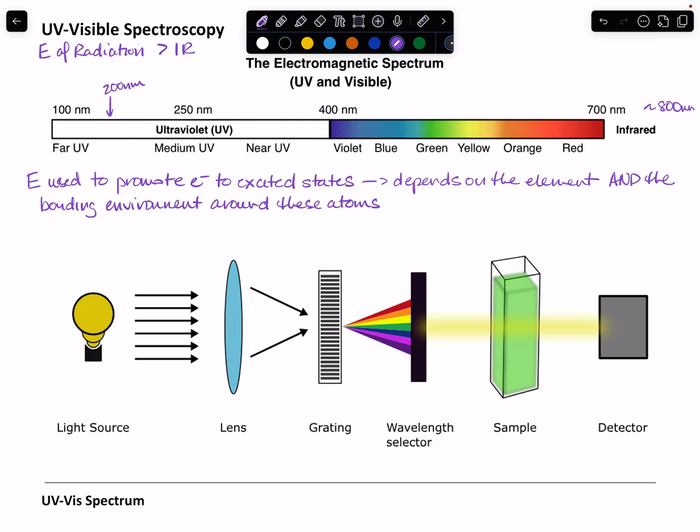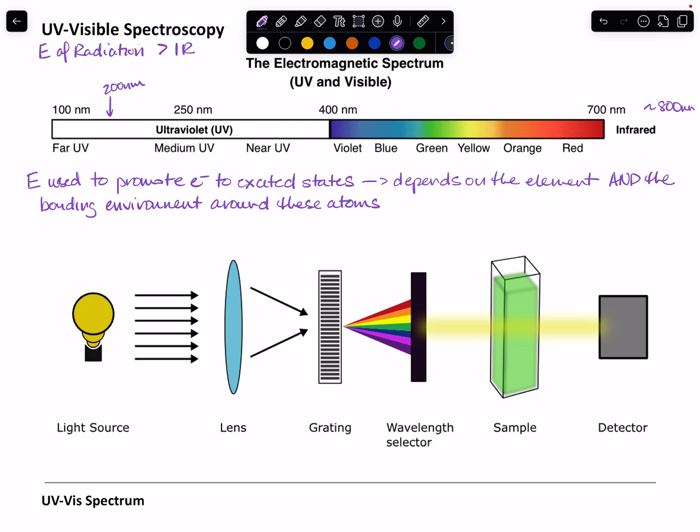Hybridization has an impact on transitions. Polarity can have an impact on transitions. So everything matters when it comes to the energy required to make these transitions happen. And so with that in mind, when we see where these transitions happen, that can give us some information about the molecule itself.